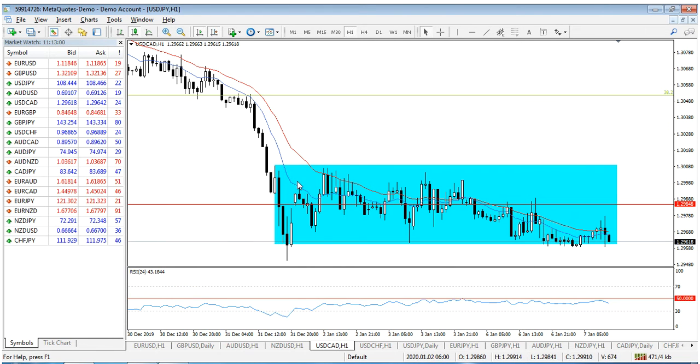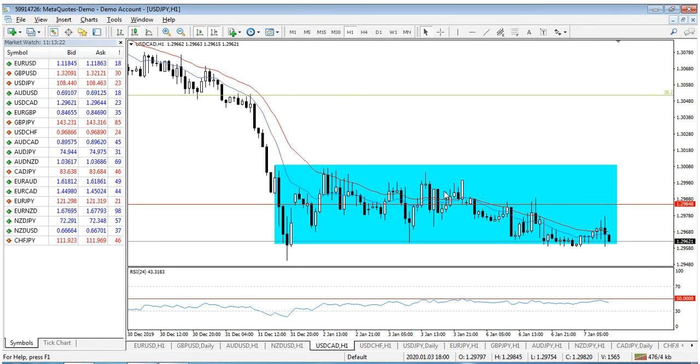Now coming to the USD CAD. If you had watched my one video that was about three currencies: dollar, Canadian dollar, and Japanese yen. I had talked about only these three currencies and all the pairs made of these three currencies in that video. Recently, I think that was my second last video, perhaps.